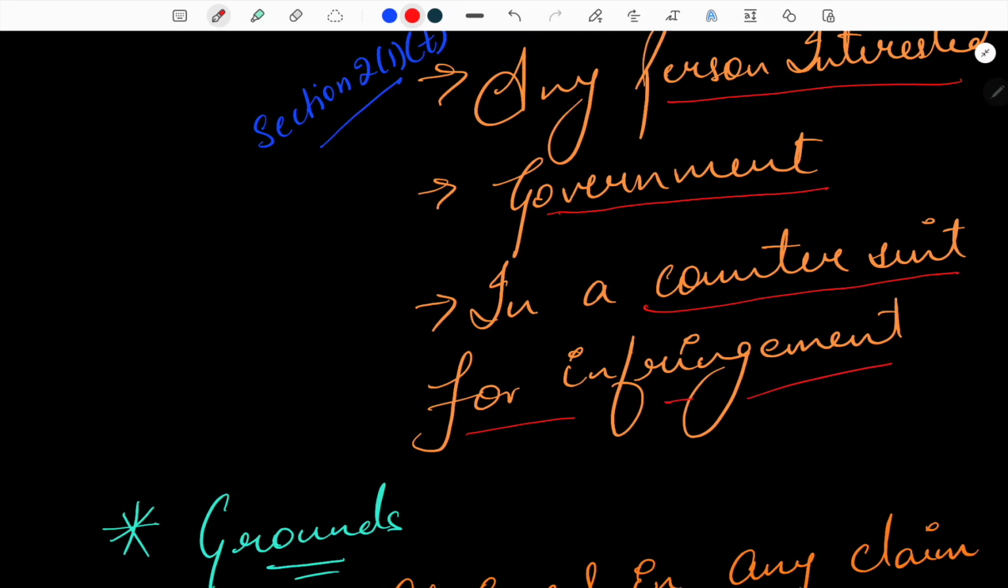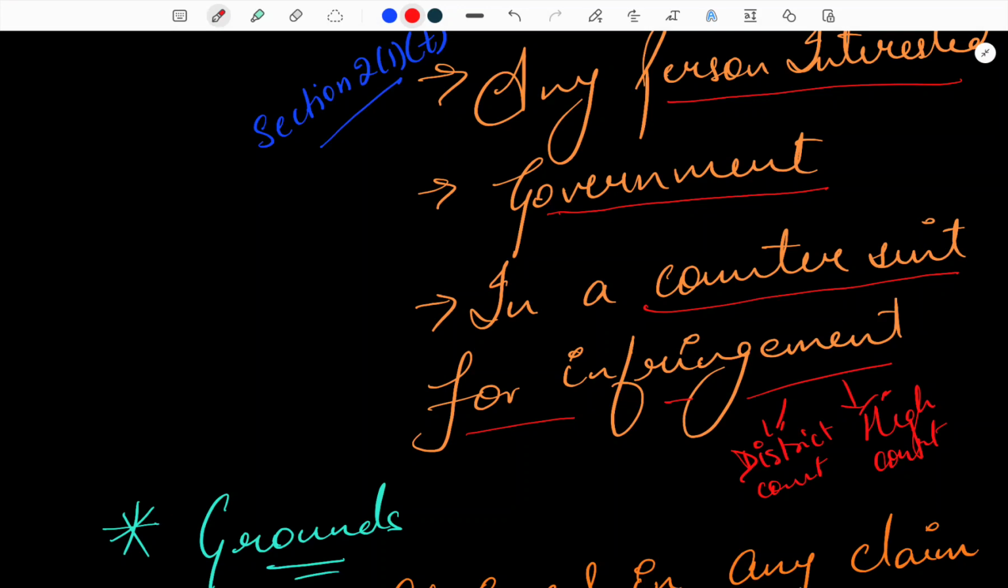Infringement proceedings can lie before either the district court or the High Court. It's the commercial courts or district court or High Court. But whenever there is a counter suit to the infringement, what counter suit actually means is that, for example, A is infringing the patent of B, and B has filed a suit for infringement.